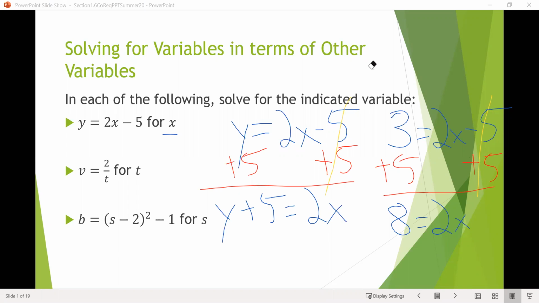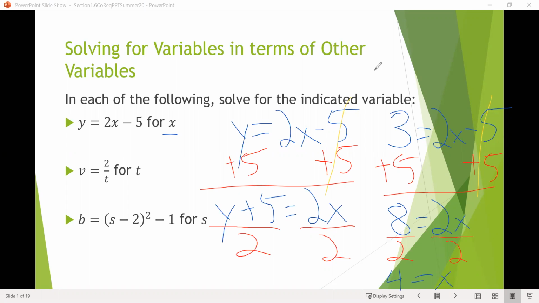And then going back to our right-hand equation over there, to finish solving for x, we would divide by 2 on both sides. So we'll end up with just x equals 4 there on the right. We do a similar thing on the left-hand equation, so divide by 2 here. When we divide by 2 on the left-hand side, we need to make sure we divide everything by 2.